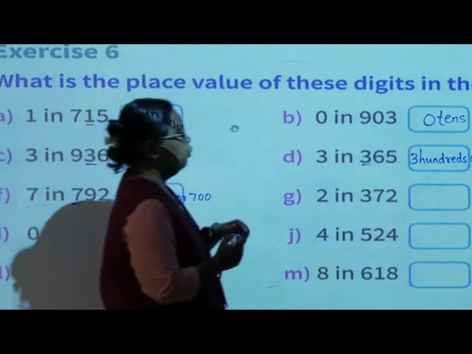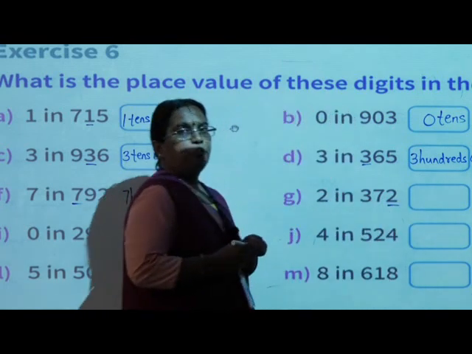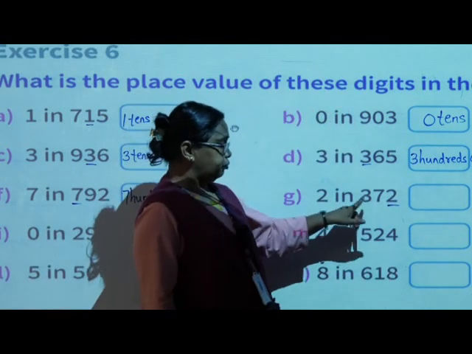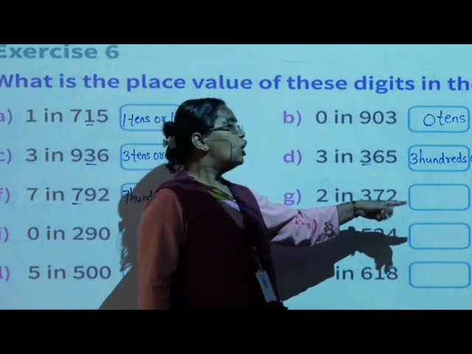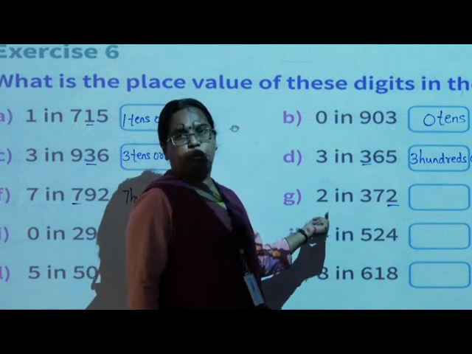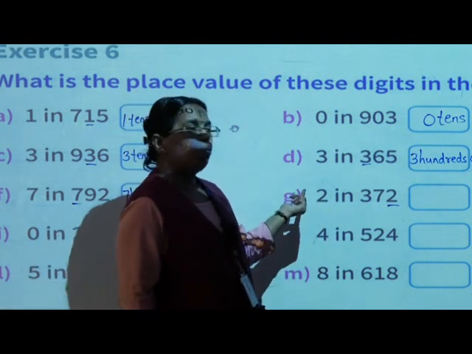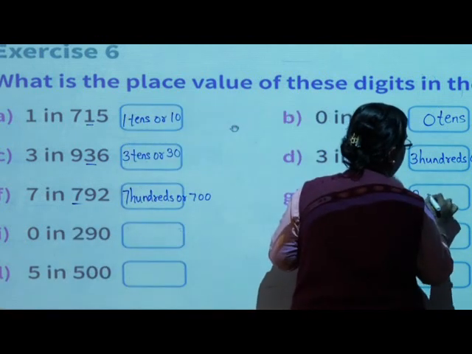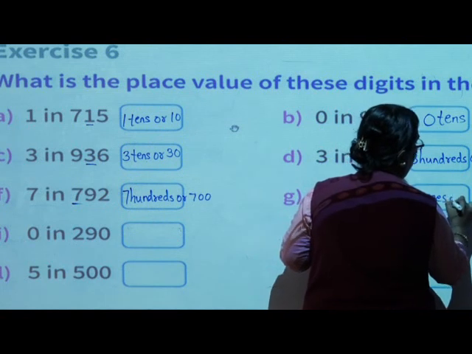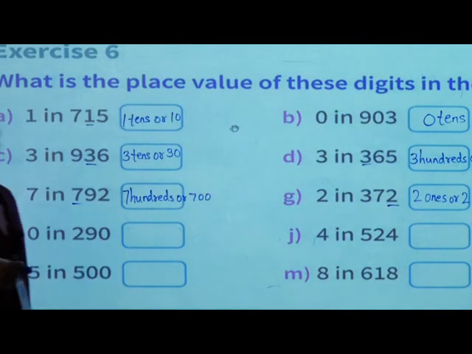Then 2 in 372. We have seen 300s, 7 tens, 2 ones. Now this 2 is in the ones place. So what will be the place value of 2? 2 ones or 2. Good, because it is in the ones place.